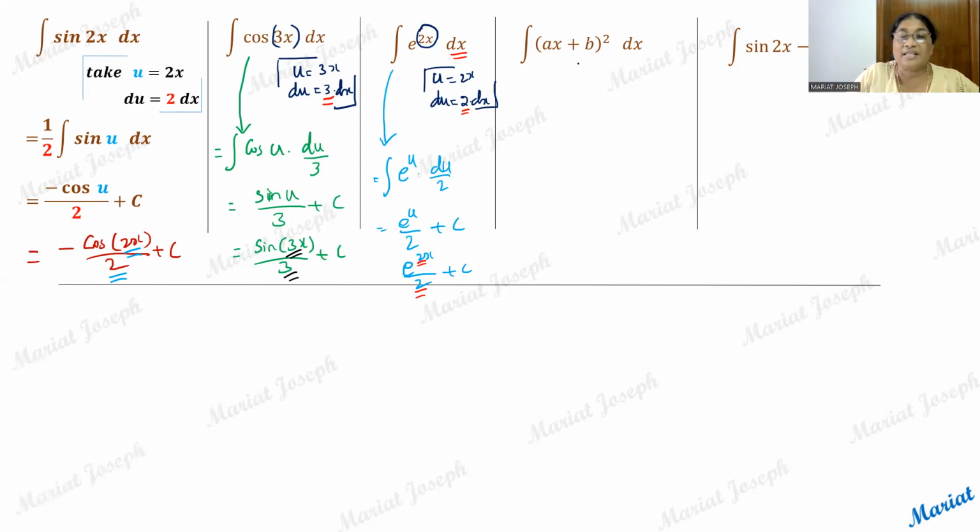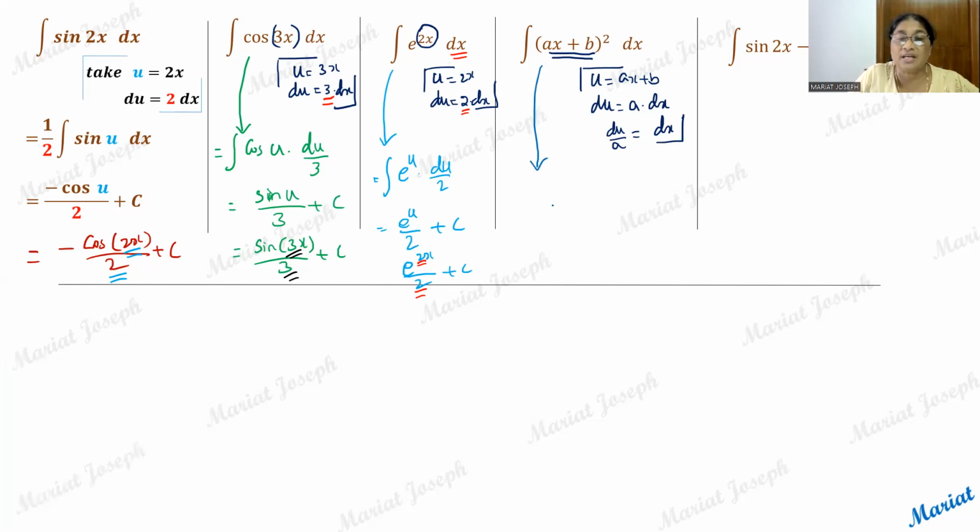Similarly, the next one. Say u equal to ax plus b, this whole bracket we are taking as substitution. Then du equals a into dx, a is the coefficient now. Therefore, dx will be equal to du upon a. This time upon a will come. So what's going to happen to that integration?